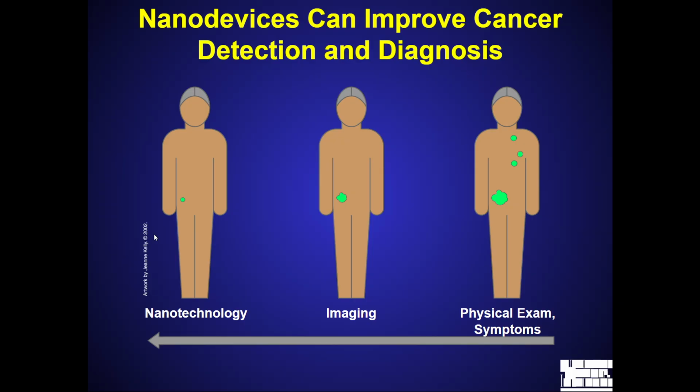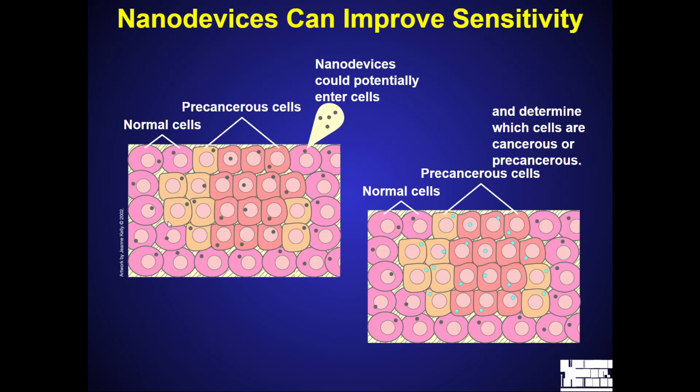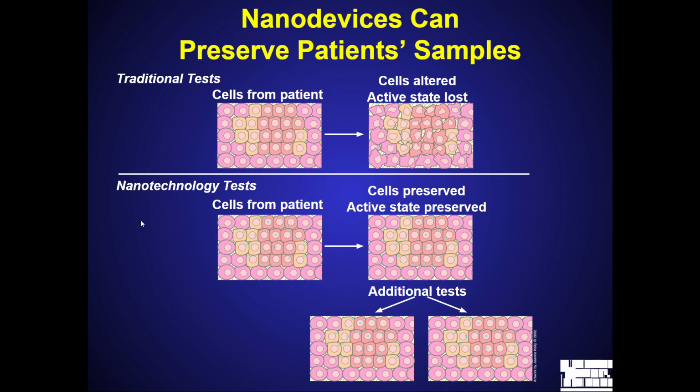But with nanodevices, scientists could detect molecular changes as soon as they sprout up, and that will help reduce the mortality of cancers. So, in order to successfully detect cancers at early stages, the smallest molecular changes have to be detected with these devices. So, the tools have to be very sensitive, and nanodevices can meet these needs.